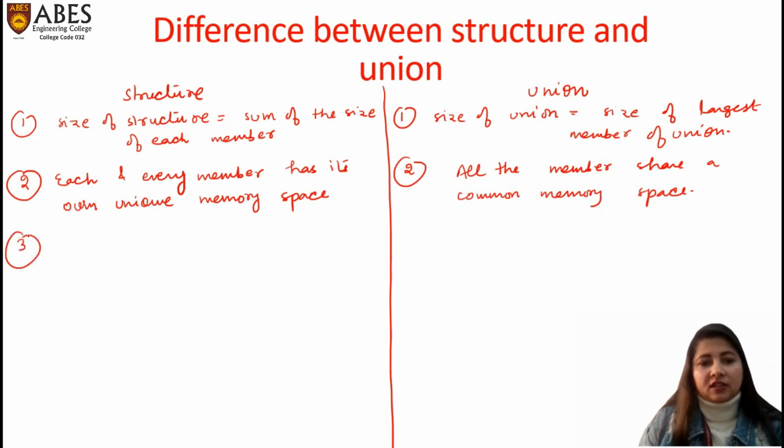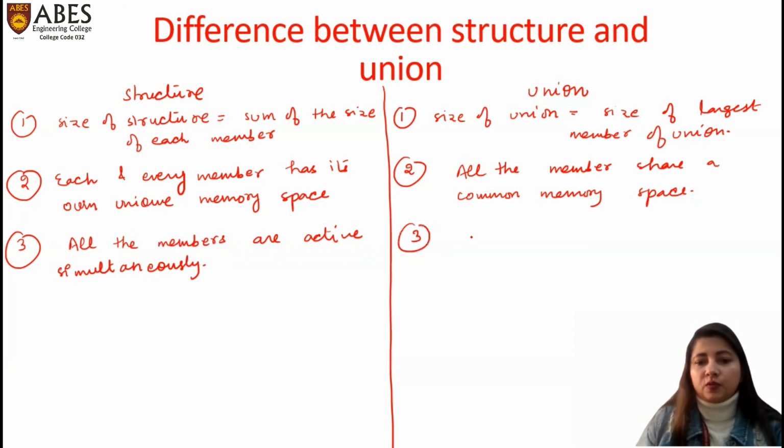Since in case of structure, each member has its own unique memory space, all the members can be active simultaneously. All the members are active simultaneously. That means we can access them simultaneously. Whereas in case of union, since the members share a common memory space, only one member is active at a time.